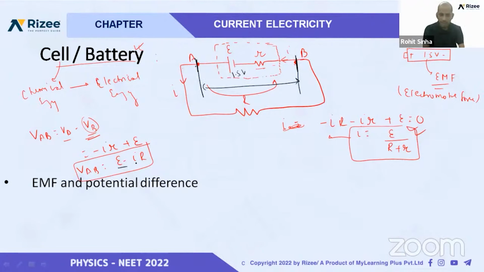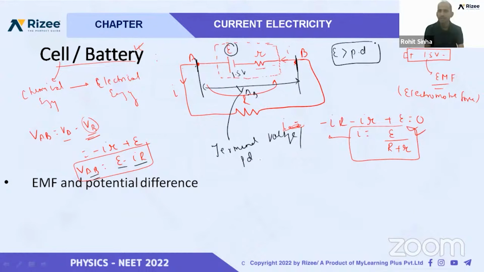It is E minus Ir. This VAB is called terminal voltage, or simply potential difference. And this is EMF. EMF is always greater than potential difference whenever the circuit is closed.